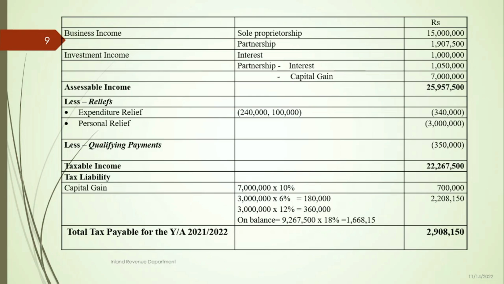In this amount, taxable income of 22 million includes capital gain, that is 7 million. We have to separately identify that 7 million because we have to apply 10% rate on that capital gain. Therefore, we have to apply 10% on that capital gain, that is 700,000.